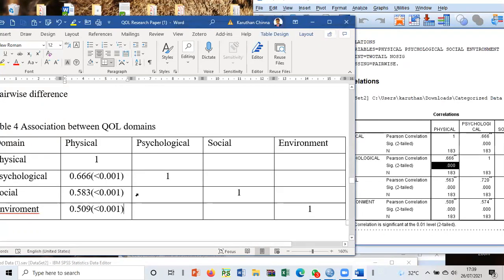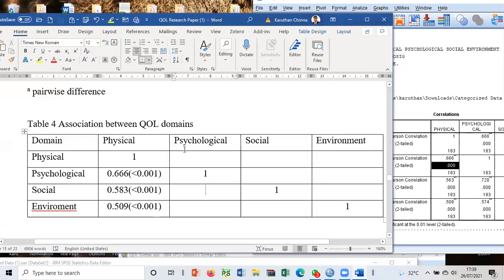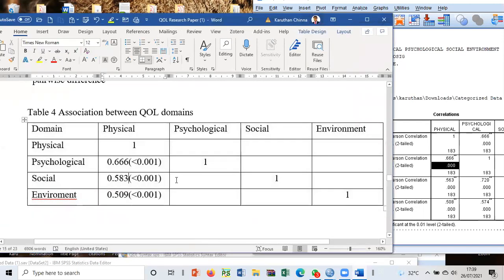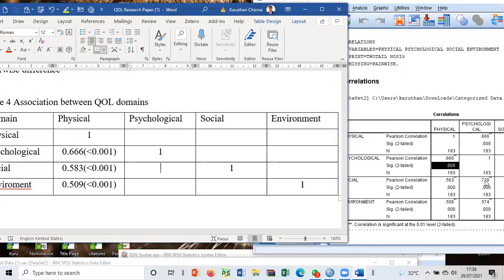Okay. Next, this is between psychological and social. Psychological and social, 0.720. The p-value. And the last one, 0.574.